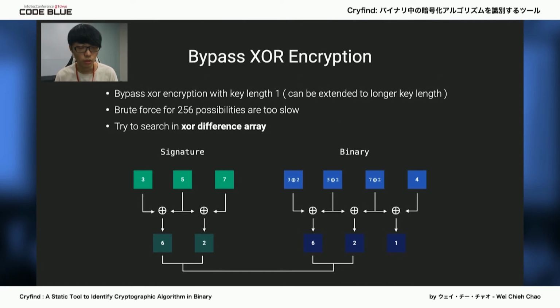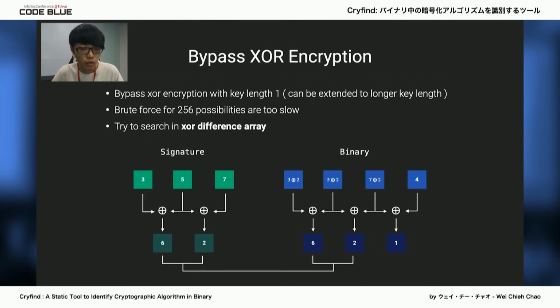This method can also easily be extended to key lengths longer than 1. For example, if we have signature 3, 5, and 7, and we have a binary which has this signature, but the signature is XORed with 2. 3 is XORed with 2, and 5 is also XORed with 2, and 7 is also XORed with 2.